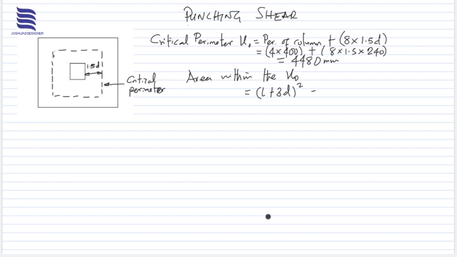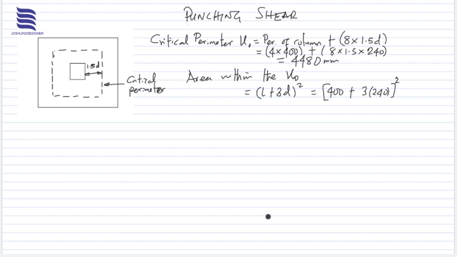So we have 400 plus 3 bracket 4, 240 rather, 240, squared.